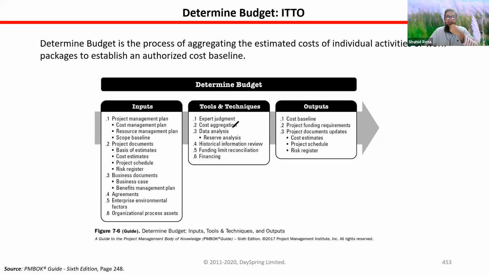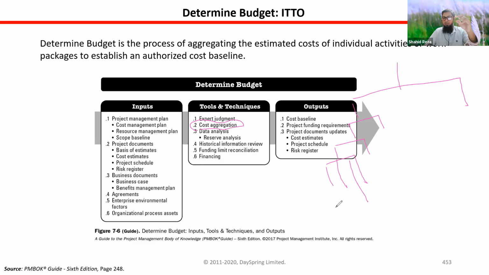So if you can see here, the number of tools is very less than the earlier one. So the main tool here is cost aggregation. And what is aggregation? That means aggregating, right? We have created the WBS, right? Then work packages, and all work packages are divided into different tasks, right?